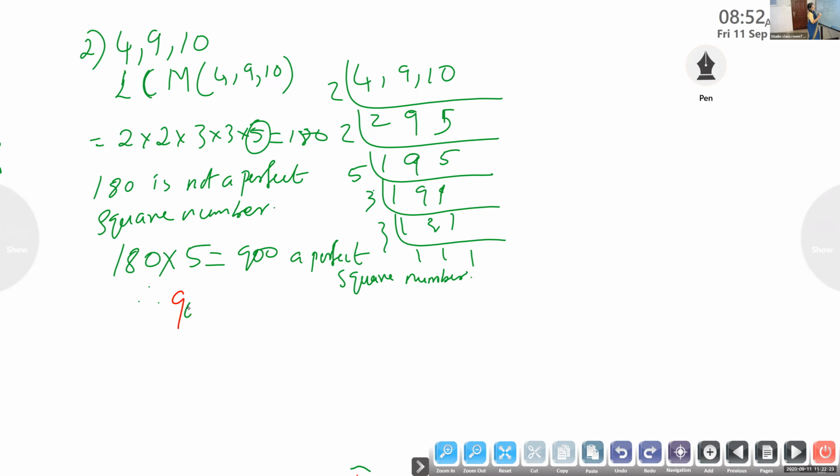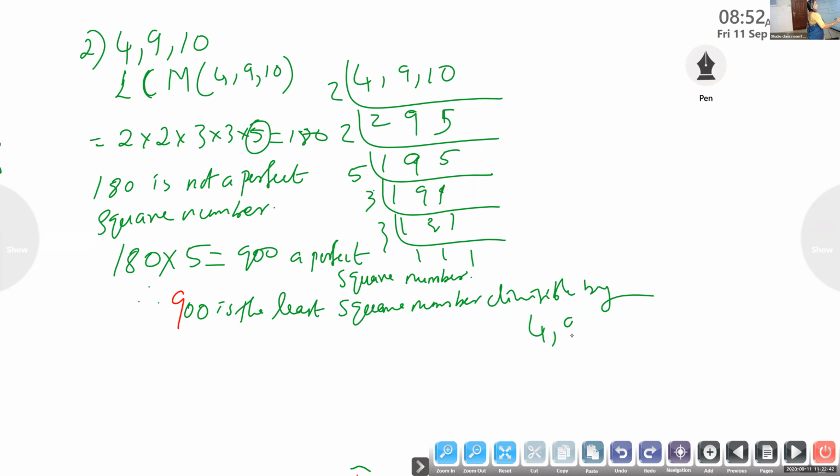Therefore, 900 is the least square number divisible by 4, 9, 10.